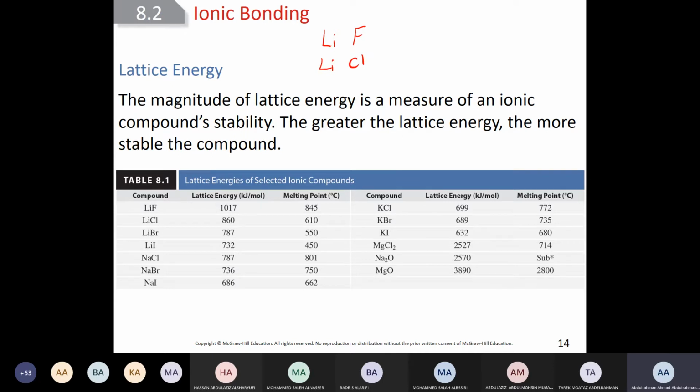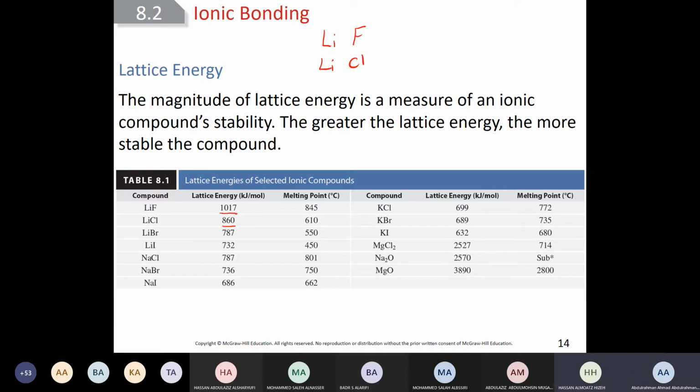What's the number for lithium fluoride? 1017. What's it for lithium chloride? 860. Tell me why lithium fluoride is more than lithium chloride.